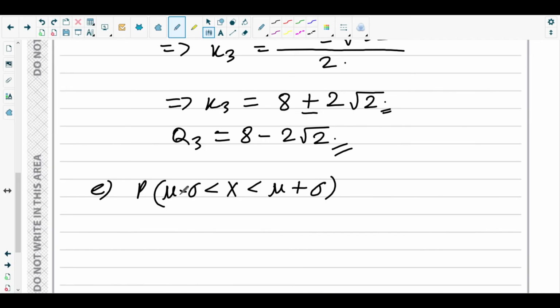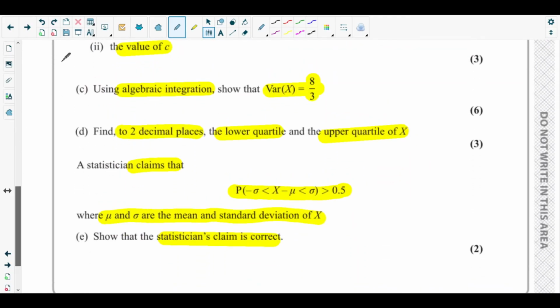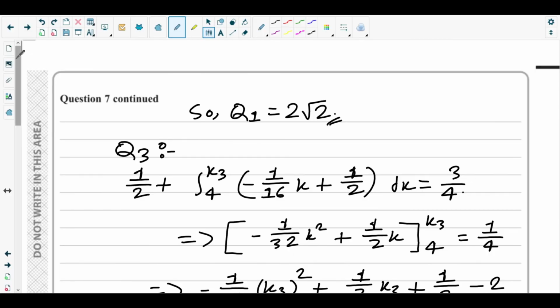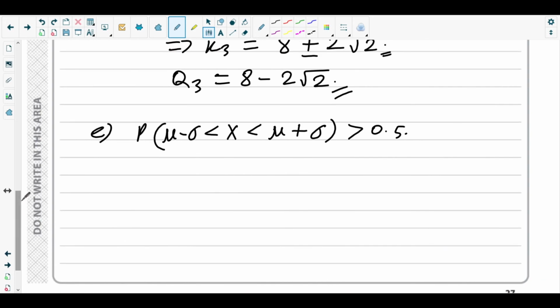Okay, this is what the question says. It's greater than half, exactly.